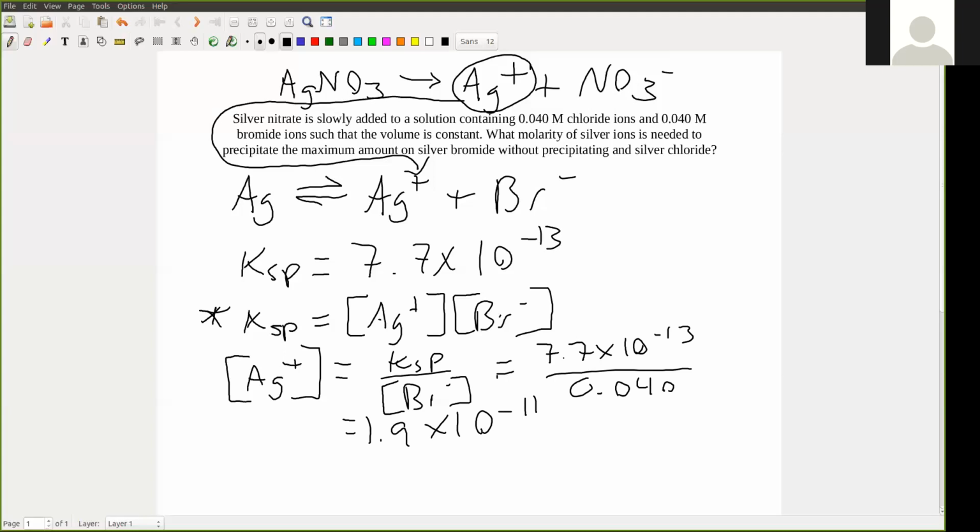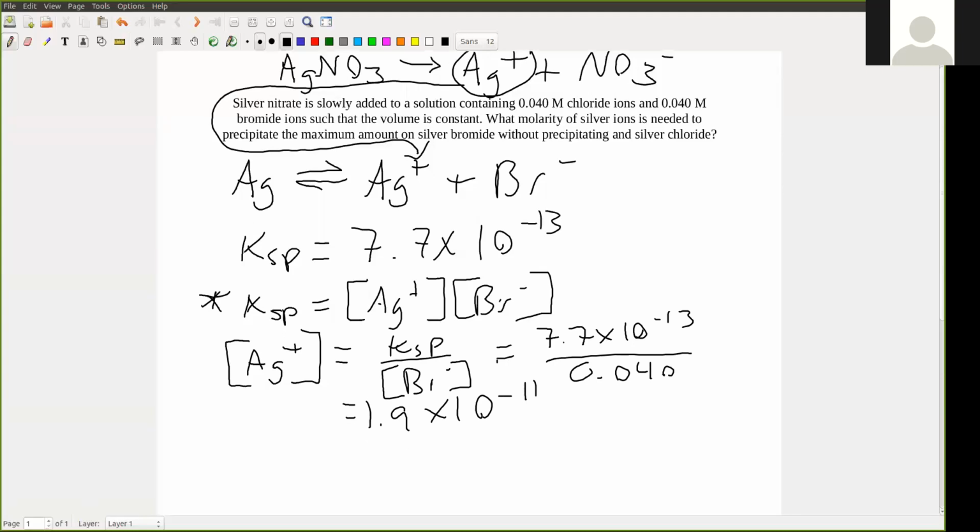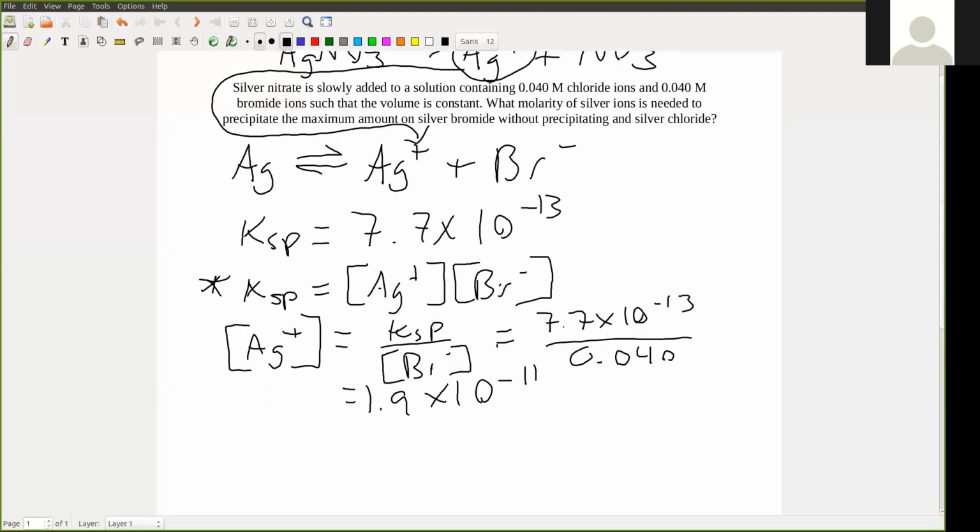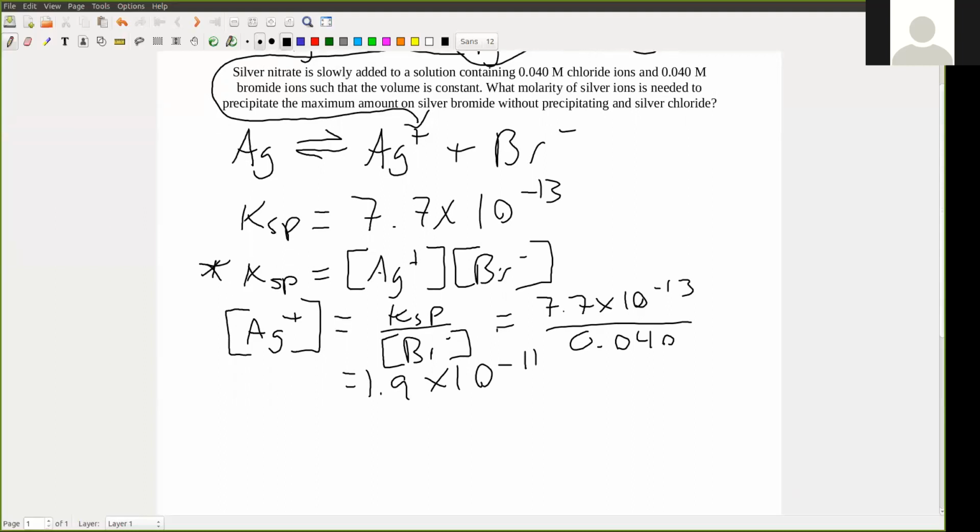Any concentration of silver above that point will lead to silver bromide dropping out of solution. So we know at the very minimum we need 1.9 times 10 to the minus 11, a little bit more than that, to get silver bromide. Now we need to know the maximum amount we can drop in.